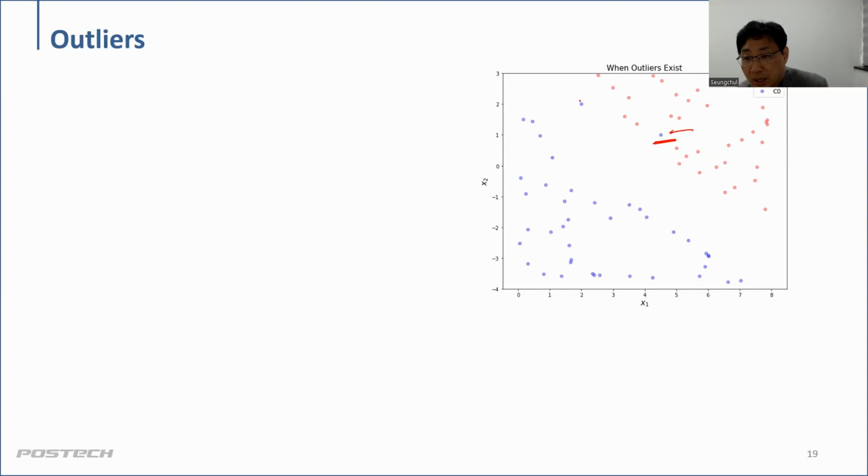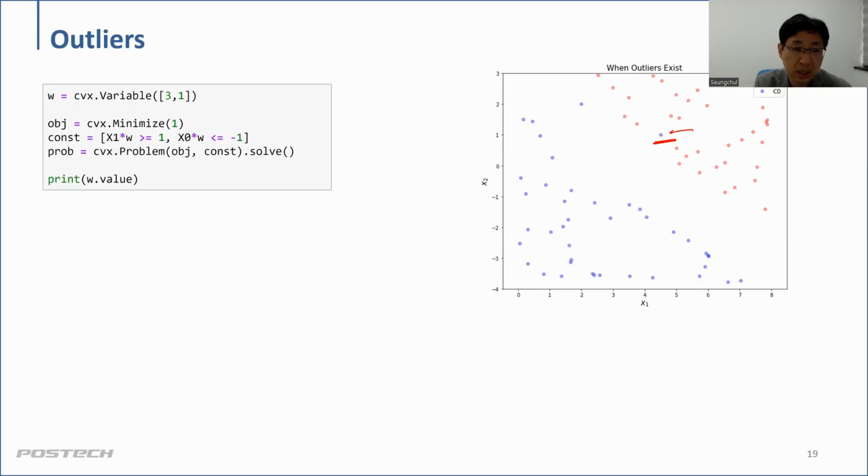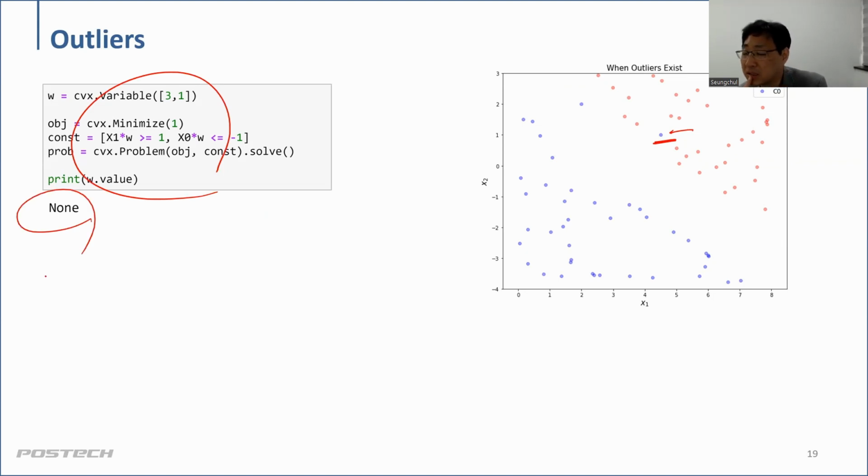We cannot have any straight line that separates them. That means the solution does not exist. This is the same as the perceptron, where a solution does not exist. That's the problem.